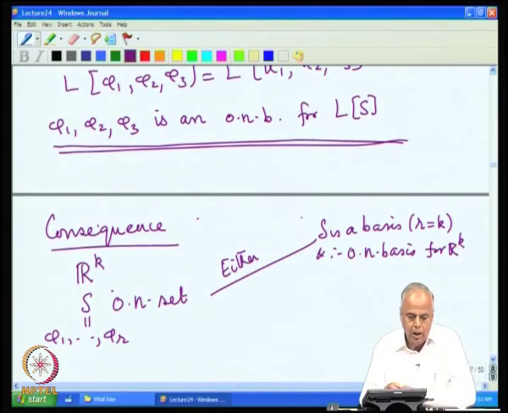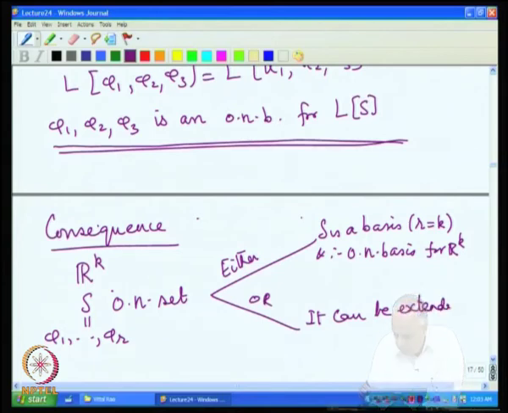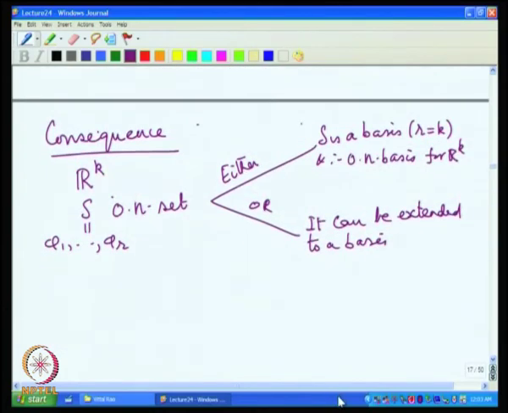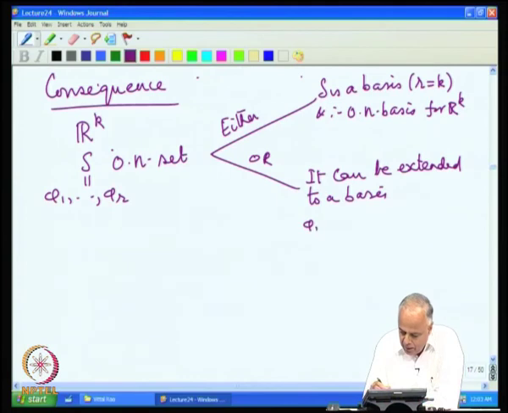So, given an orthonormal set, either it is a basis or it can be extended to a basis. Why can we extend it to a basis? Because any orthonormal set is a linearly independent set, and any linearly independent set can be extended to a basis. Let us call this phi 1, phi 2, phi r.